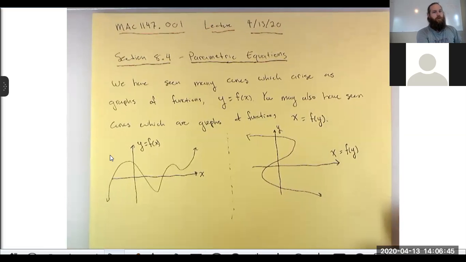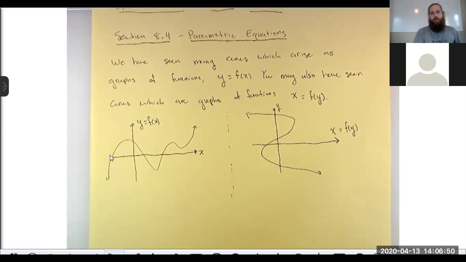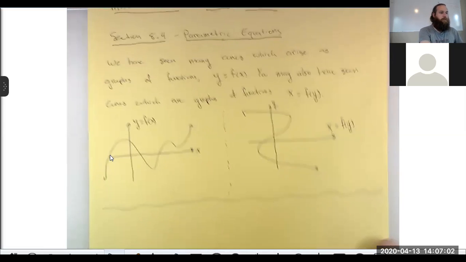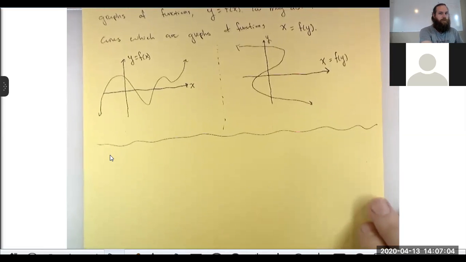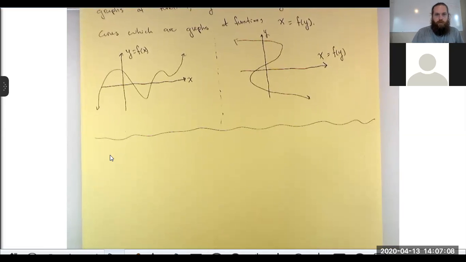But many curves don't look like either of these. Many curves, for instance, the unit circle, don't pass the horizontal or the vertical line test. And what we want to start doing is finding ways to think about those curves using function notation, because it's super useful when analyzing curves, especially when it comes to calculus. Presumably that's what everybody here is gearing up for.